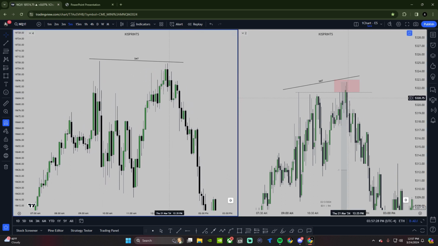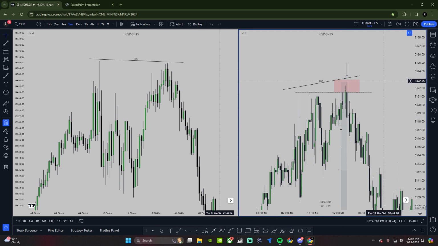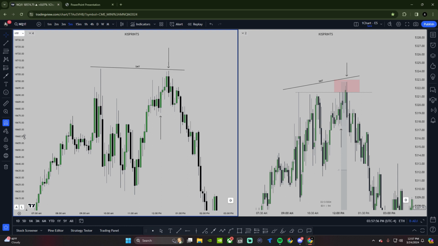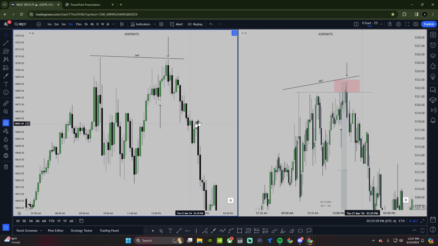On this liquidity sweep leg, from the 1210 low, which is specifically this low right here, to 1230, that leg was manipulation on ES, but on NQ that same leg was accumulation. So what does that tell us? That tells us we're going to go lower, but how do we find a model off of this?